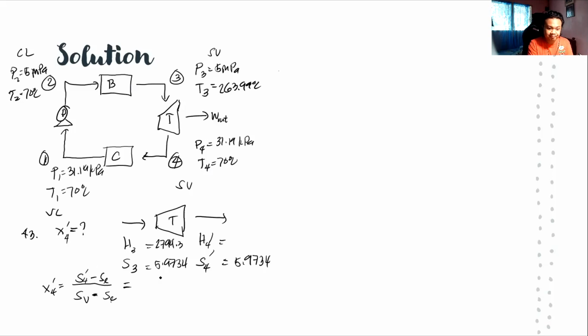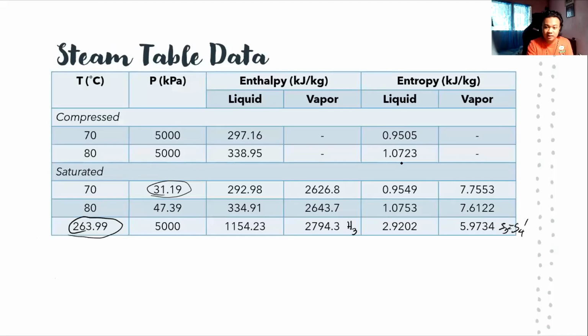So SL and SV we don't have yet, so we look at the table. This is SL and SV, diba? After naman sila sa turbine. So this is for the saturated liquid and this is for the saturated vapor.